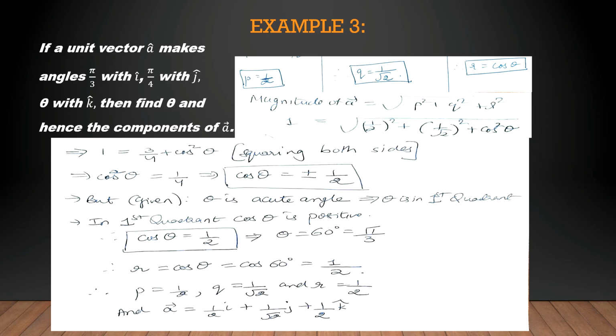Cos 60 degree is half. So you got the third component, r is equal to cos theta, which is cos 60 degree or half. So P is equal to half, Q is equal to 1 upon root 2 and R is equal to half. So the required vector A is equal to half into i cap plus 1 upon root 2 into j cap plus half into k cap.